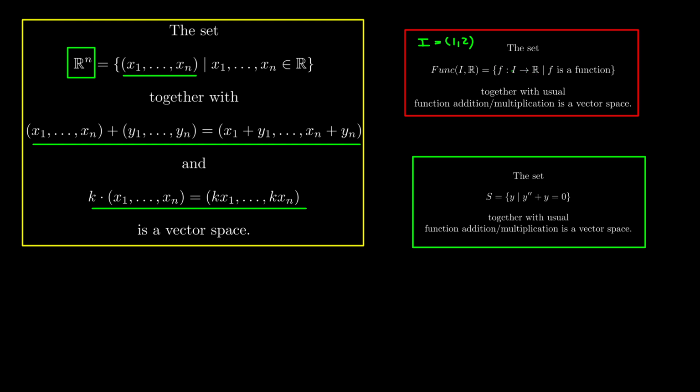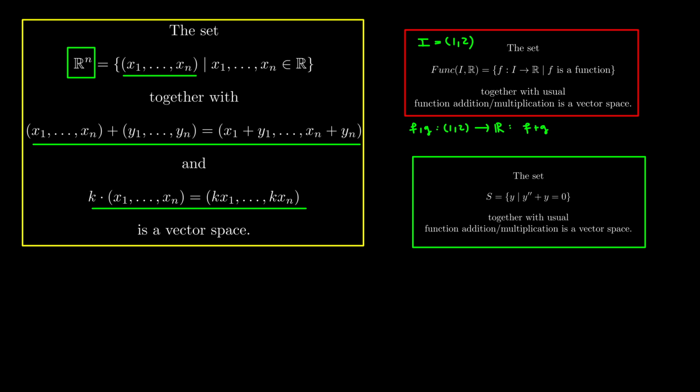And then again, this set can be equipped with a way of adding two such functions and scalar multiplying them. So for example, if I take two functions here, all of the functions I mention going forward are just going to be from the interval 1, 2 to R. So given two such functions, how do I define the addition of two functions?